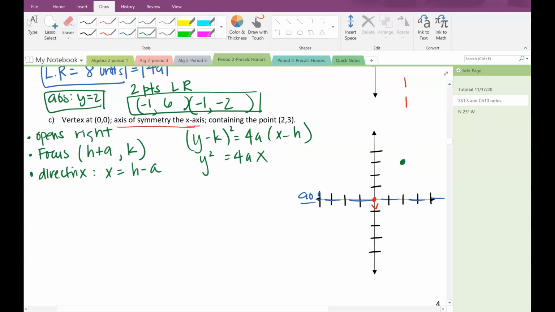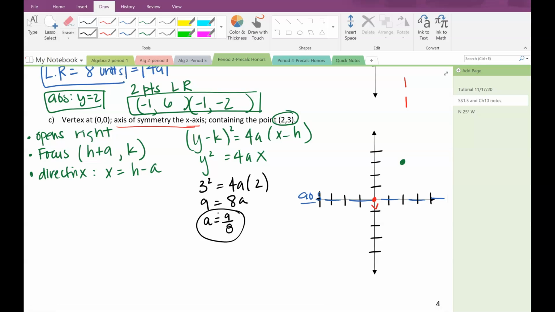They gave us a point, 2, 3. So let's plug that in. 3 is y, so 3 squared equals 4 times a, and 2 is x, so 9 equals 8a. Divide both sides by 8, so a equals 9/8. Not a friendly number, but that doesn't mean it's not a number.